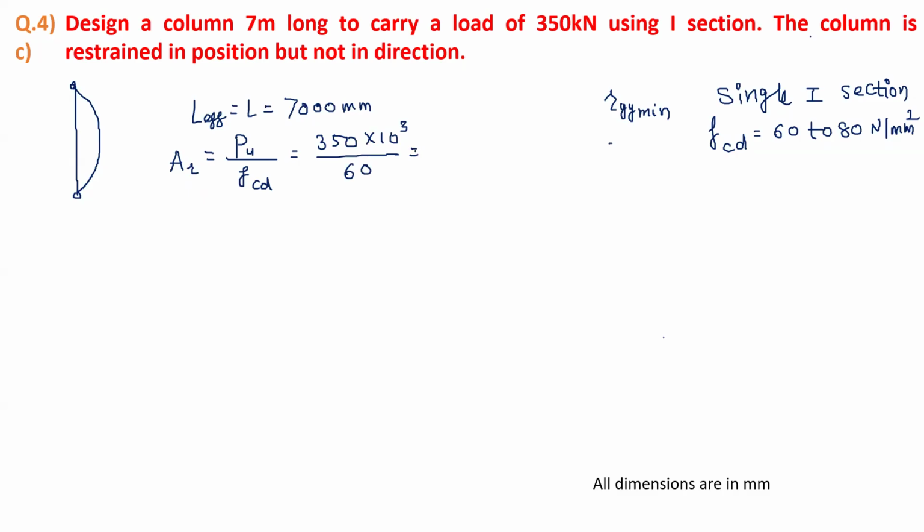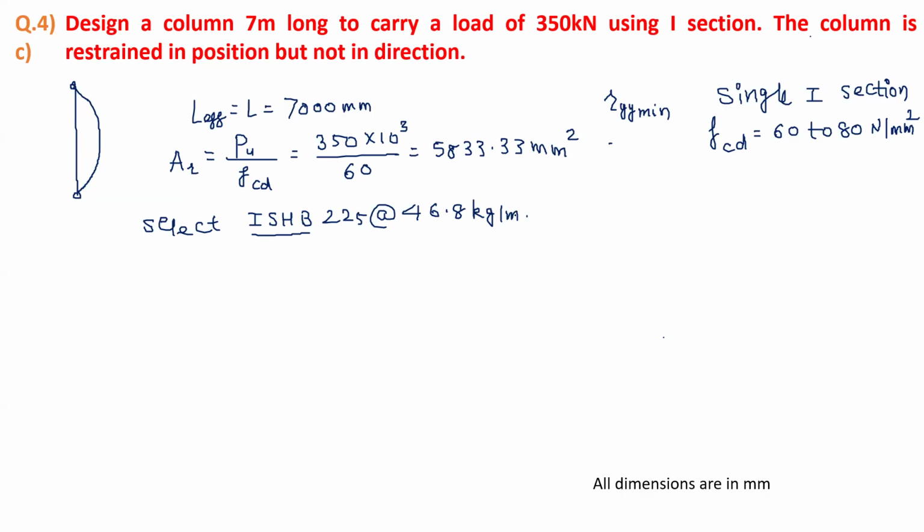So it comes 5833.33 millimeter square. I have considered ISHB 225. Select ISHB 225. Now, when we have a column, we have to go ISHB. You have to keep in mind, do not go other. 46.8 kg per meter.